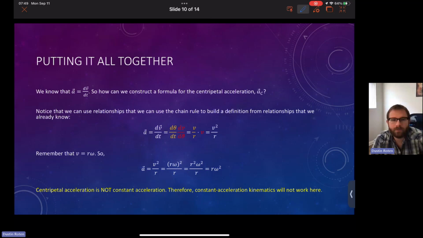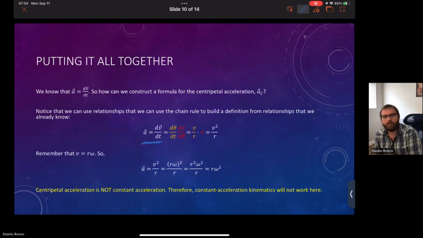All right, now, how can we construct this formula to get essentially the centripetal acceleration? Well, we can use the chain rule to build a new equation that we're after. We could take the basic definition of acceleration, which is essentially just a equals dv dt.